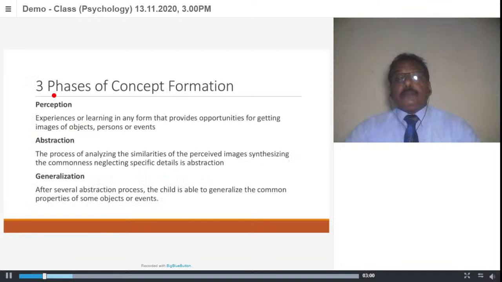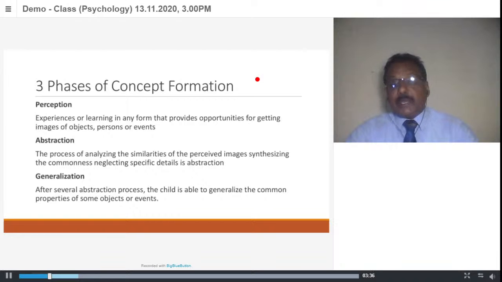Then there are three phases of concept formation. The concept formation process has to pass three phases. First, perception. Perceiving things means through our sensory organs. So whatever we see from the environment, what we hear, what we feel, what we taste, through our sensory organs, the impulses received from the environment are called sensations.